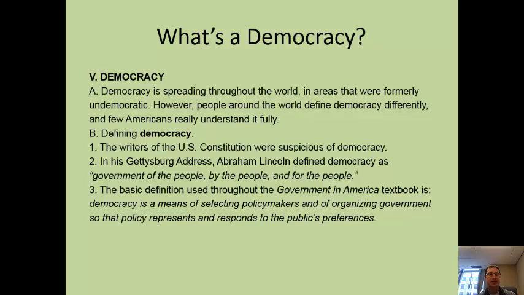In terms of how the textbook that we're going to use defines democracy, democracy is a means of selecting policymakers and of organizing government so that policy represents and responds to the public's preferences.